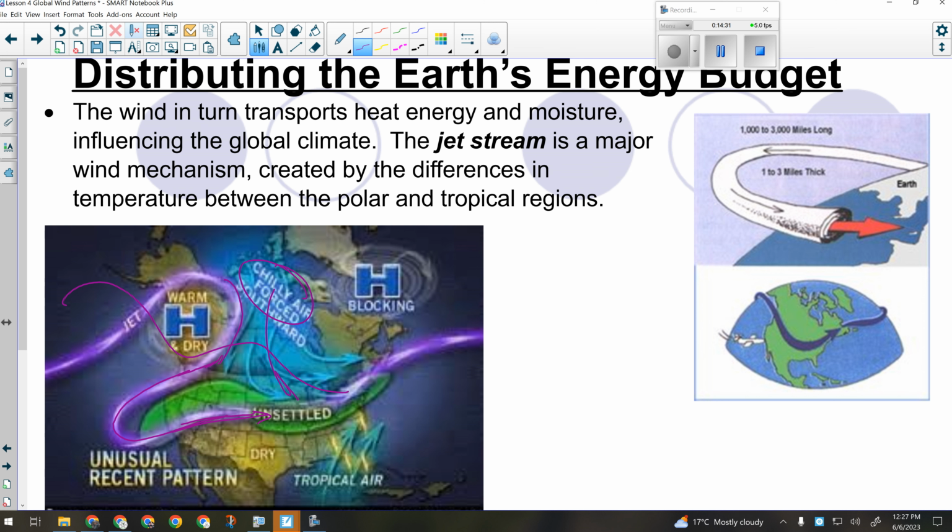So what does the jet stream do? It helps move energy, specifically latent heat.